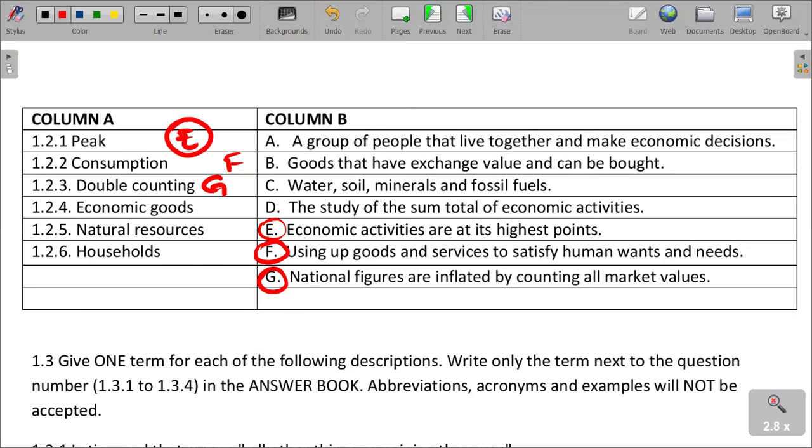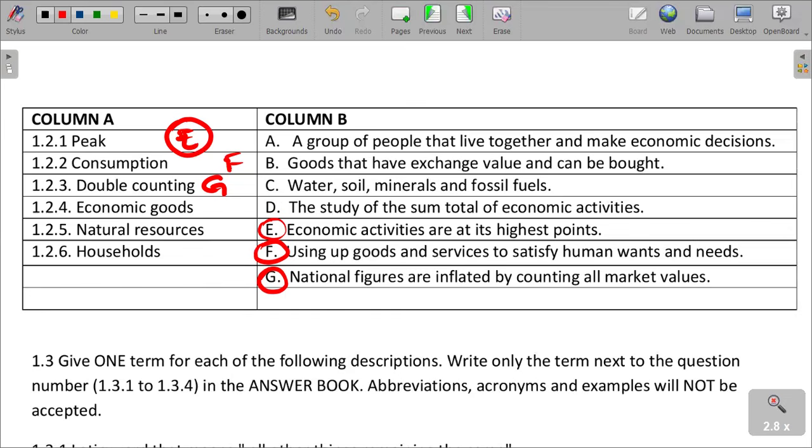And then economic goods. We need to see that these are goods that have exchange value and can be bought.